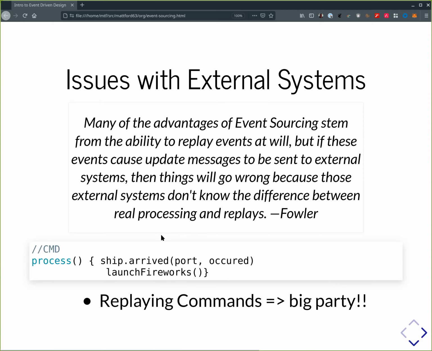The way that Fowler talks about solving that problem is by encapsulating your calls out to launch fireworks in a gateway, and letting it know whether the system is in a replay state or in a normal operating state. And that's super awkward.